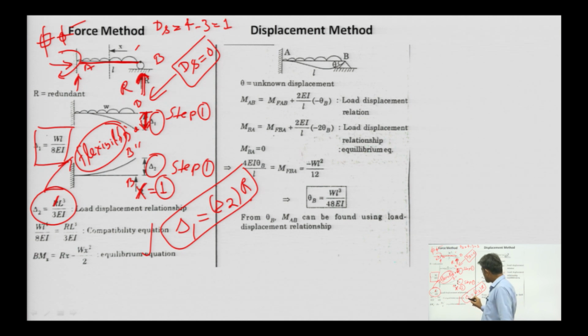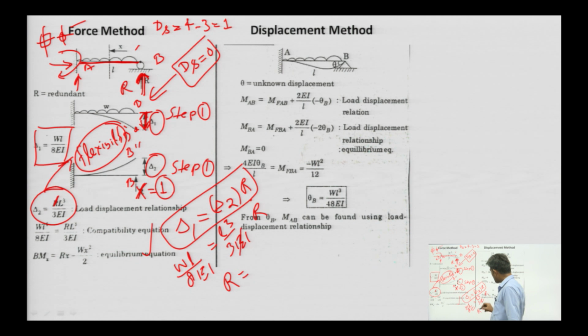So we put in the value of delta 1, which is W L to the power 4 by 8 E I, and delta 2, which is L cube by 3 E I into R. From here R can be calculated, and E I will cancel out.